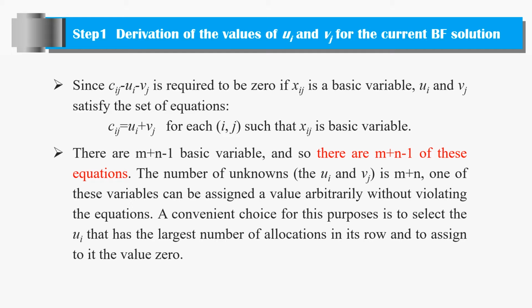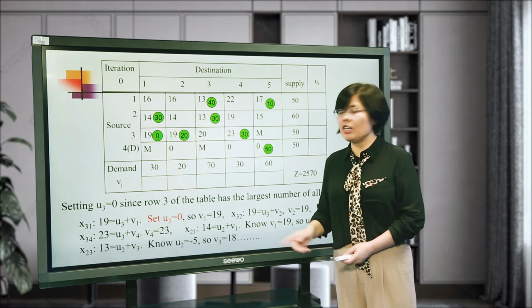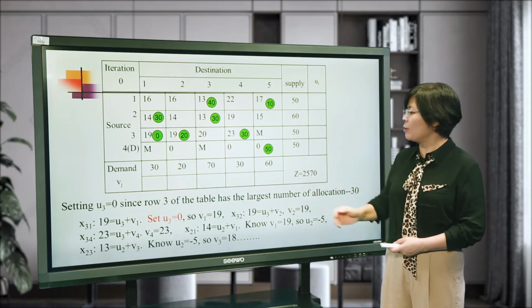A convenient choice for this purpose is to select the Ui that has the largest number of allocations in the table and assign to it the value 0. I will illustrate it in this table.